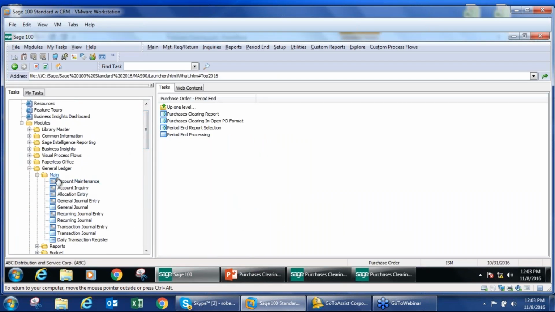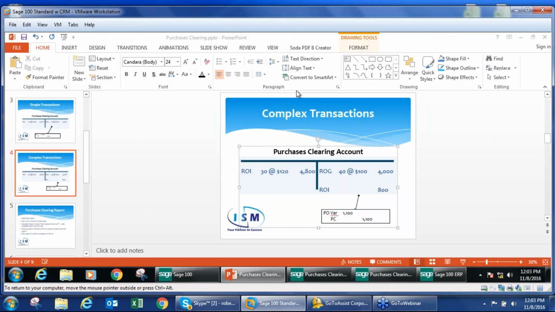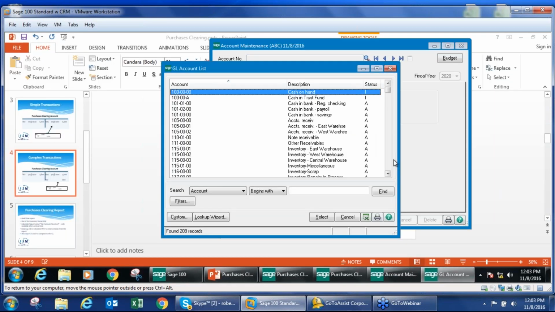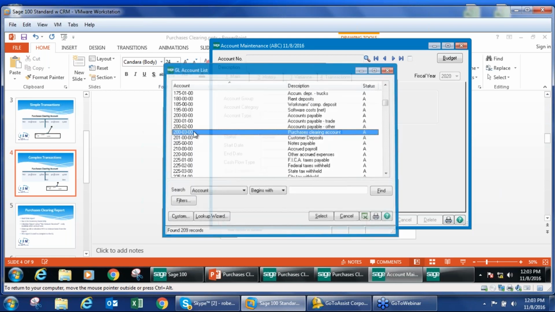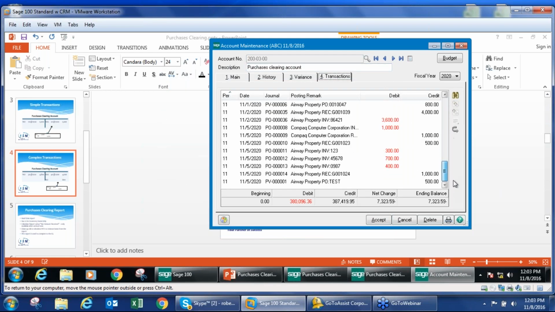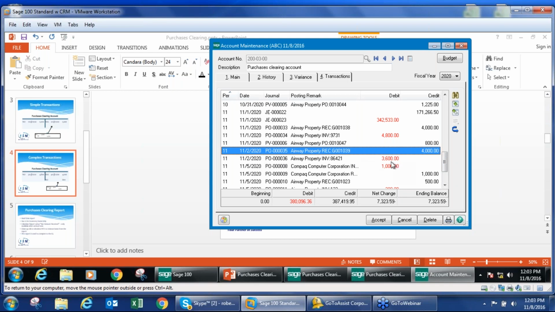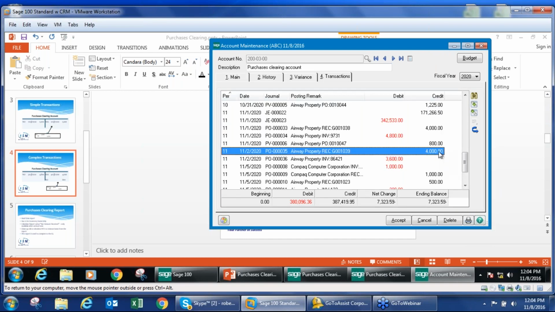Go ahead and take a look at our transactions for November 2nd real quick. I apologize, there are some transactions on November 5th. So we have 4,000 that we received.